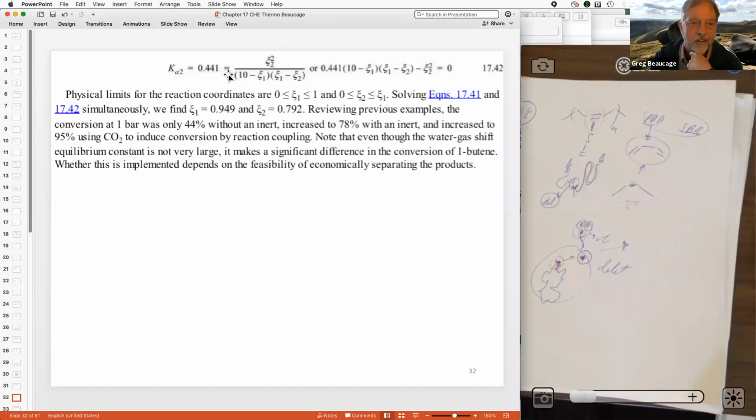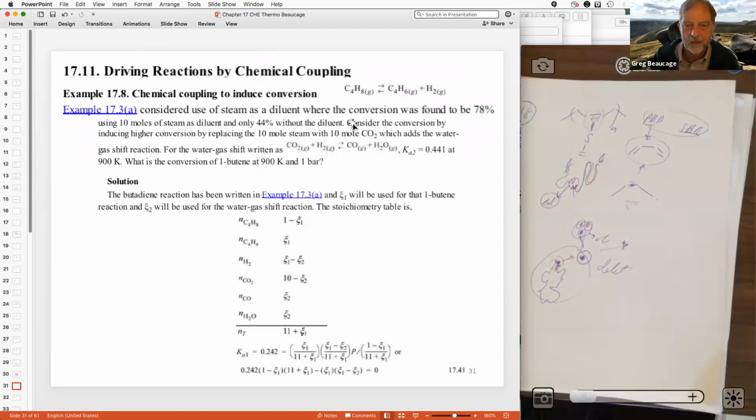I mean, you use Solver and solve the reaction equilibrium constant equations for the two reaction coordinates, and you find out that it drives it to 94.9, so 94.9% conversion versus before it was 44%. So it's 44 without steam, it was 78 with steam, and it's almost 100% conversion if you do this reaction. So you can drive the reaction with another reaction. That's the idea.